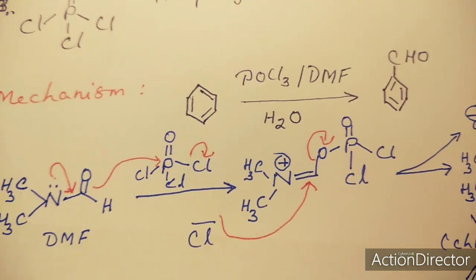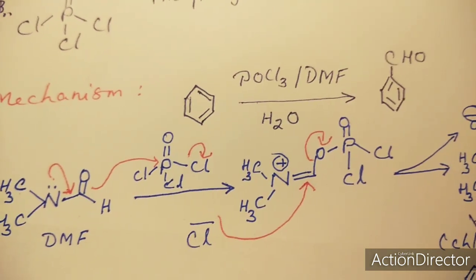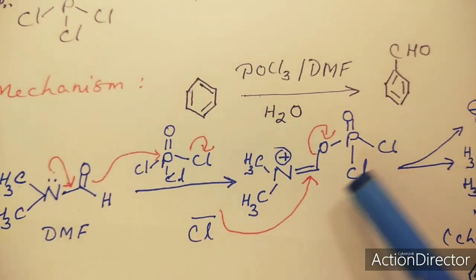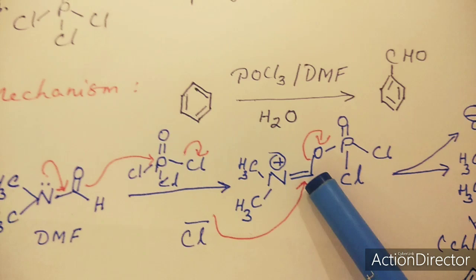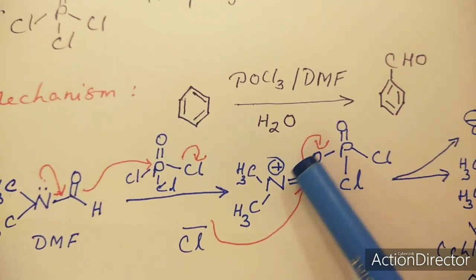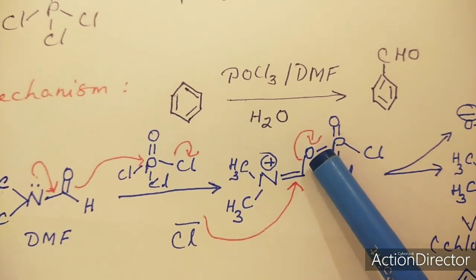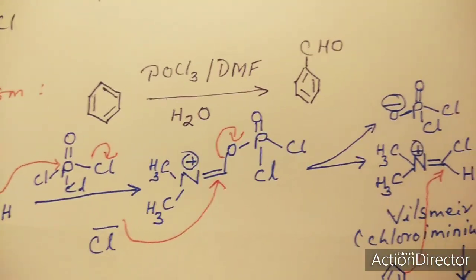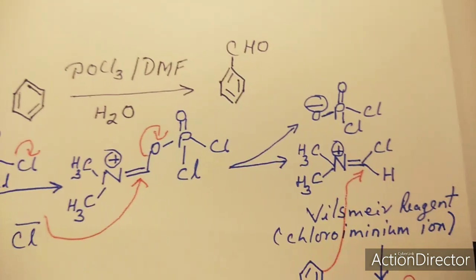And hence that Cl negative which is left will attack this double bond here, carbon, so that this oxygen which is continuously pulling electrons can leave in the form of O negative. So we generate our chloroiminium ion.